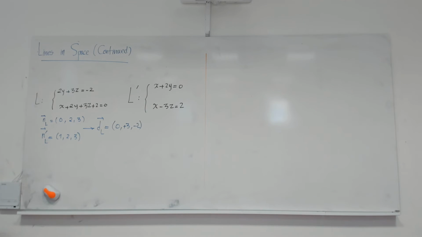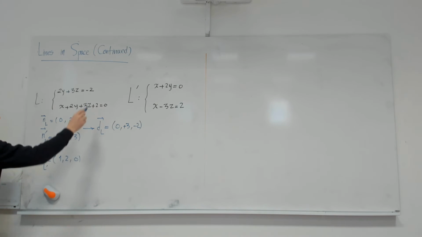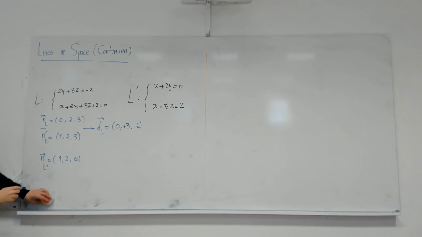If I am making some mistakes, please let me know. Now I go to the next one. I have n of L prime. What is it? It is 1, 2, and 0, the coefficients of x, y, and z. And then I have n prime of L prime, so it is 1, 0, and minus 3.